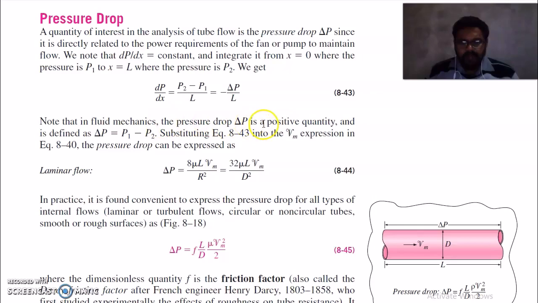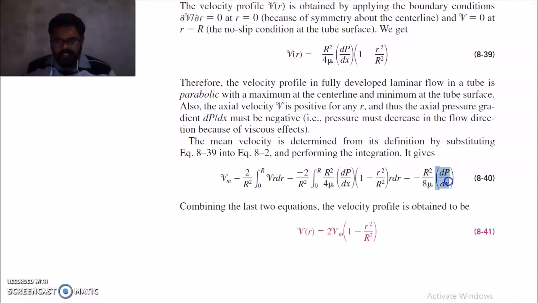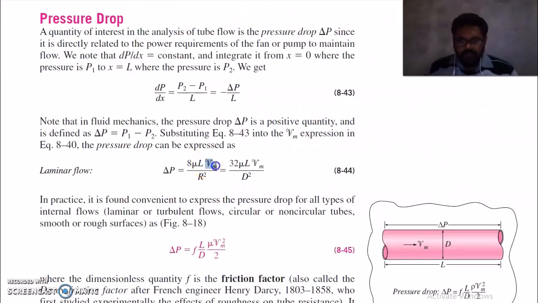The pressure drop del P is a positive quantity and defined by this. So put this value of dp by dx here in this equation, and you will get the mean velocity in terms of pressure.